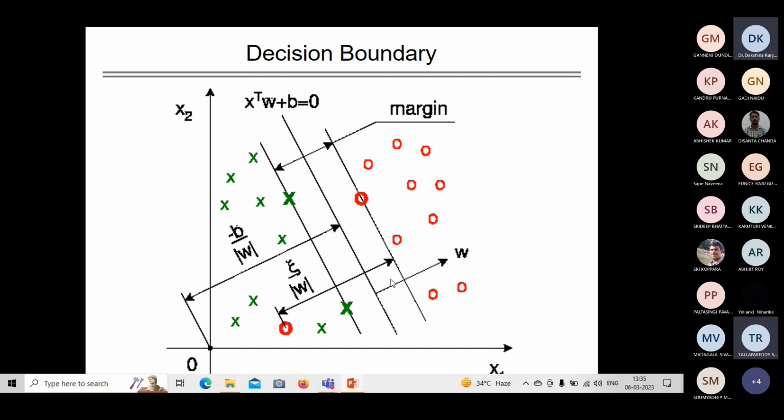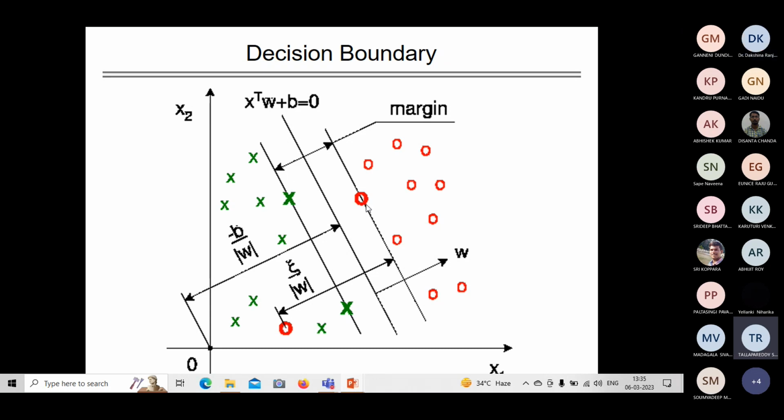As I said, the informative observations are found on the class boundary. Here we have two-dimensional data, x1 and x2, and initially we get the observations plotted in this plane. Then we get the class boundary, and then we get the optimal hyperplane.